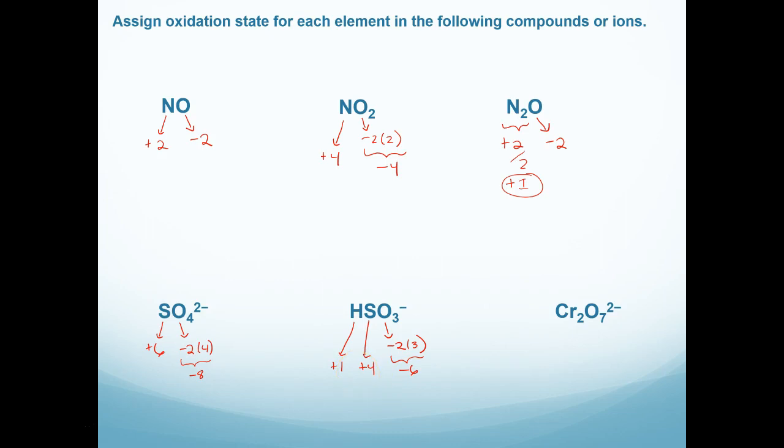If I look at the last one, for oxygen, again I have -2, but I have 7 of them, which gives me -14. Okay, to be overall -2, that means that the total for both chromium needs to be +12, but I have 2 chromium, so I need to divide by 2. The oxidation state of each one is going to be +6. Okay.